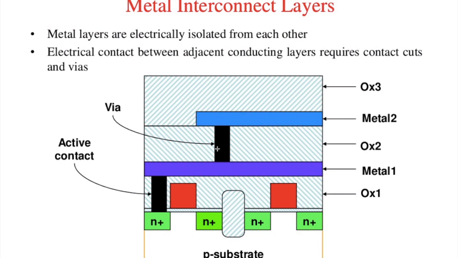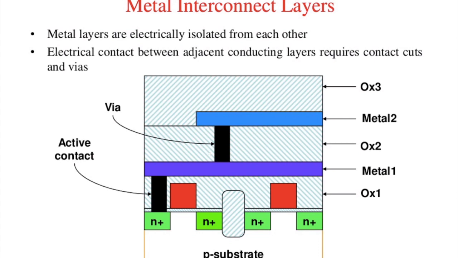Because by default, if I have drawn one poly and I want to connect it with metal, they will not be connected unless I use these contacts. Okay, so this is via.